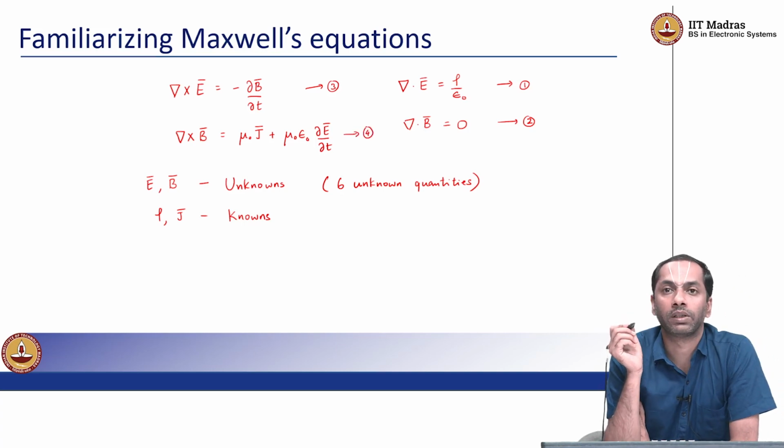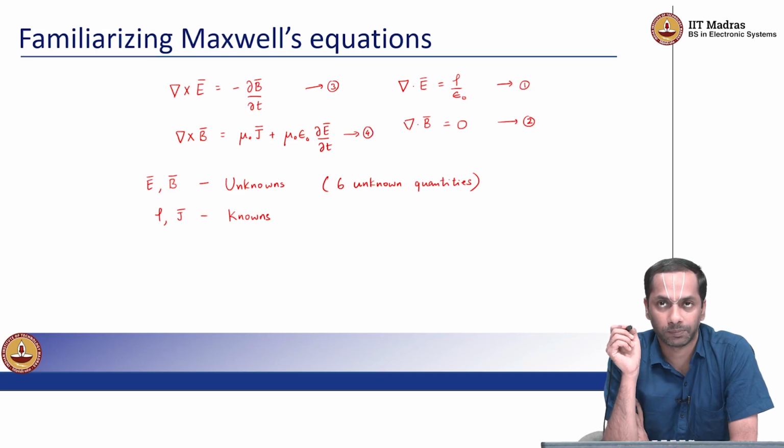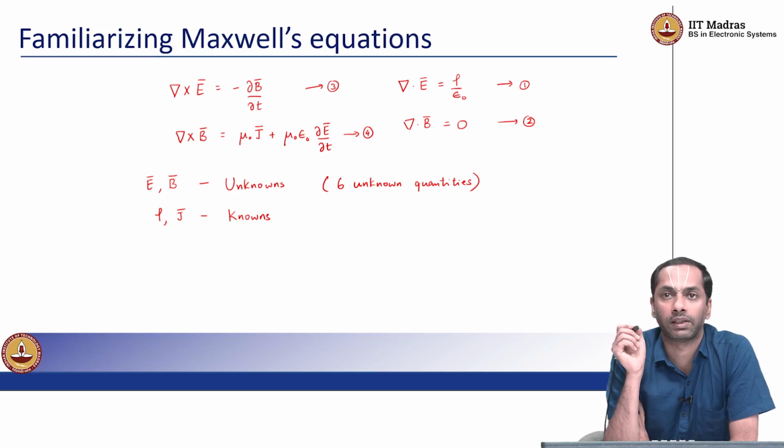Right? So equations 1 and 2, the divergence actually becomes a scalar. So even though there are Ex, Ey and Ez, when the divergence of the vector field E and B is taken, that actually yields a single scalar, right?